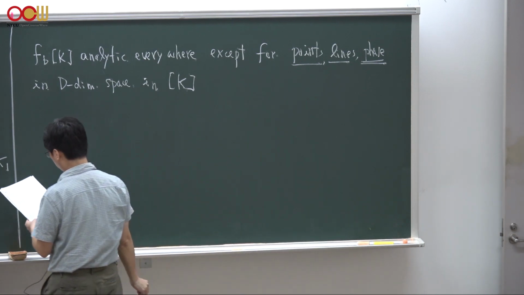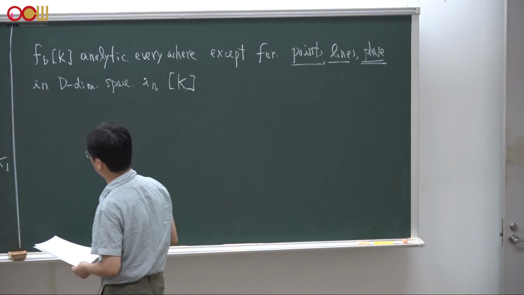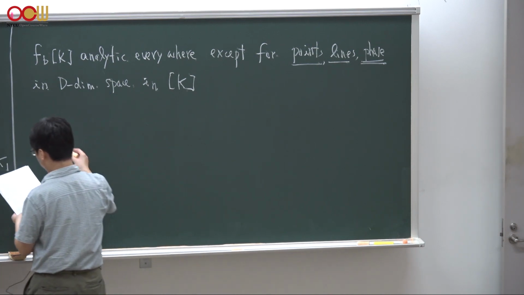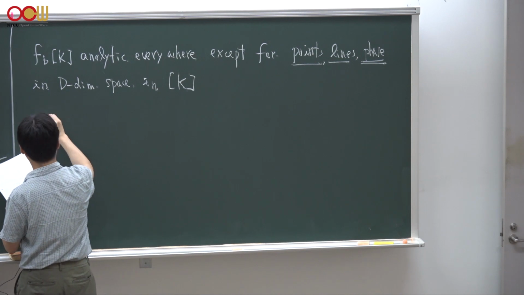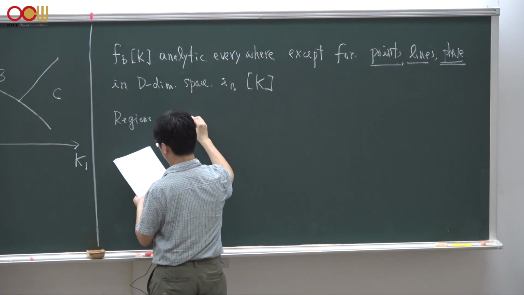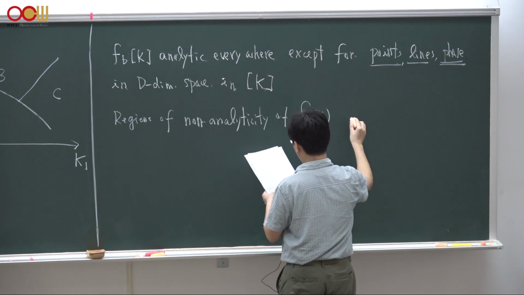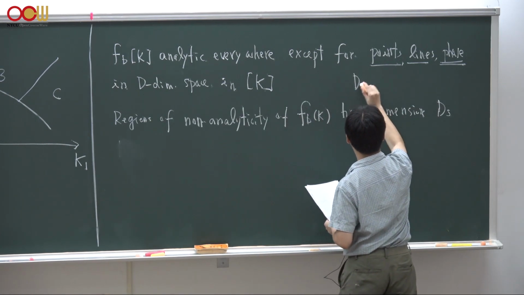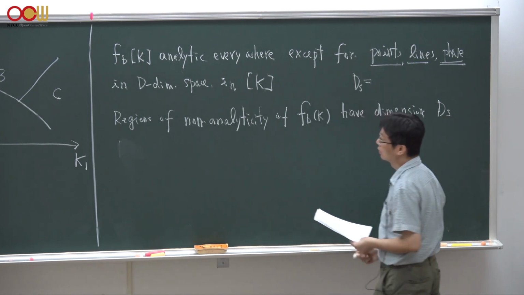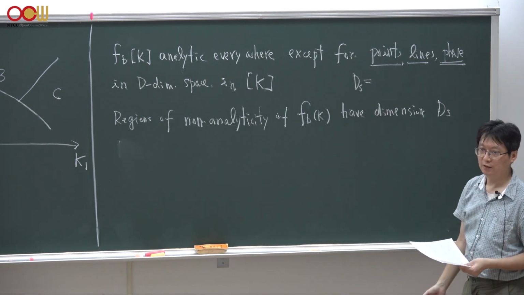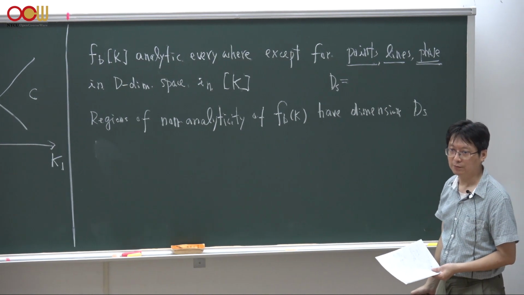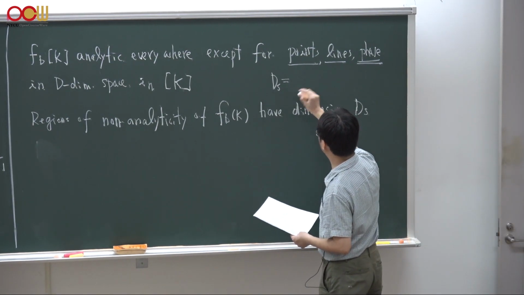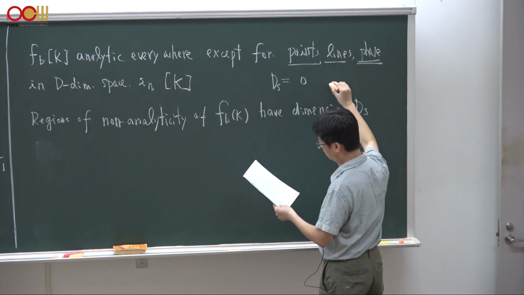And we could define the dimension of the non-analytic part of this free energy density in the following way. The region where the free energy density is non-analytic has a dimension, which I call ds. If that region is a point, then ds is zero-dimensional.